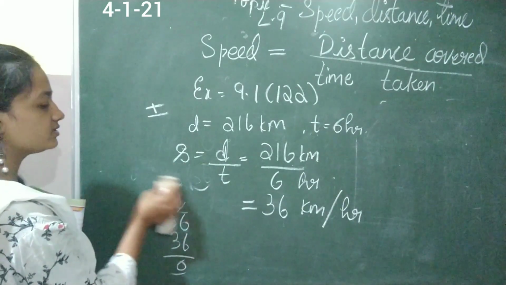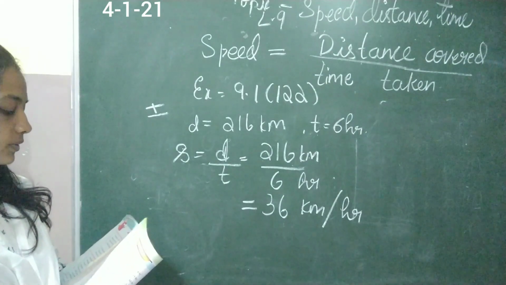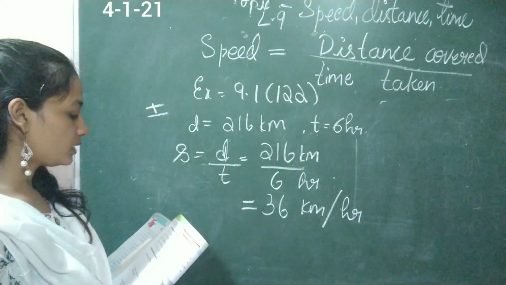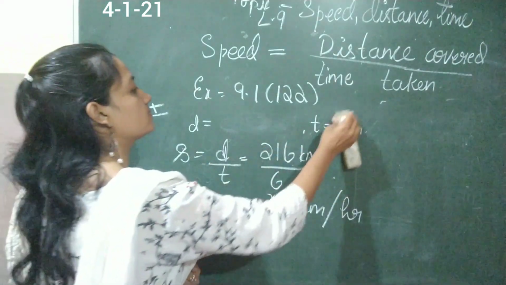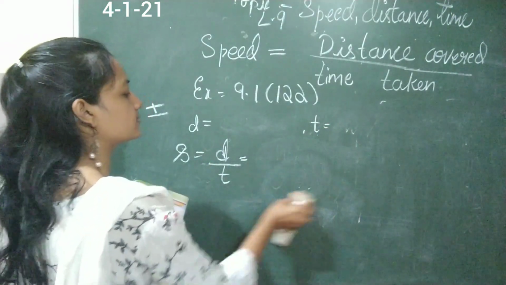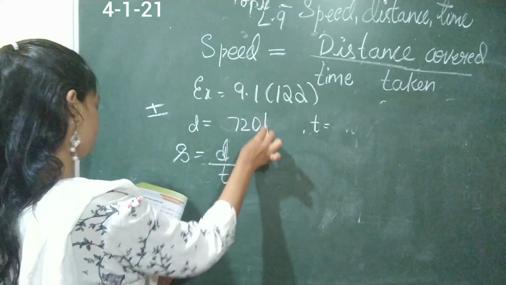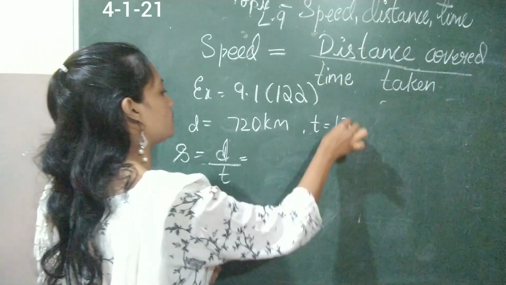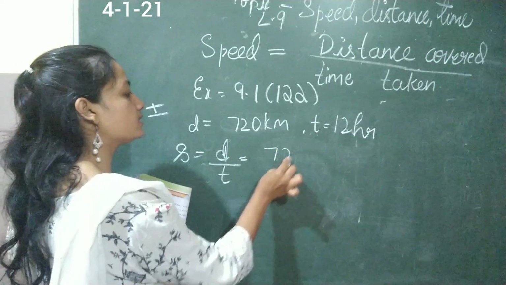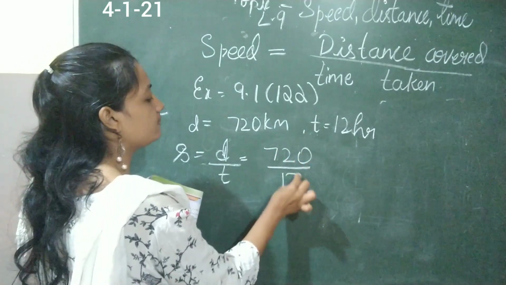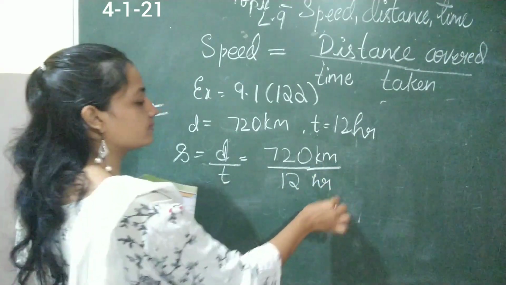You understood the first one, children? Similarly, we will be finding the others. I will be doing only a few sums in this. So let us go for the C one. Distance is how much? Distance is 720 kilometers. Time is 12 hours. So my speed will be 720 divided by 12, kilometer per hour.